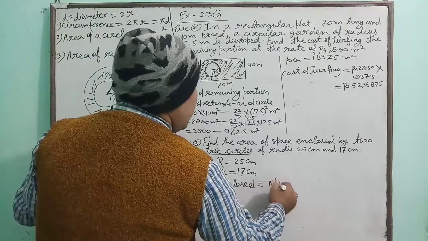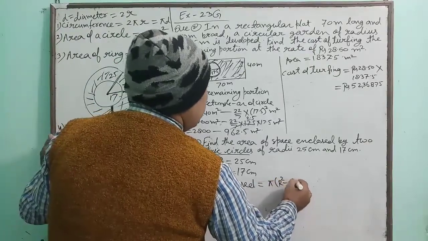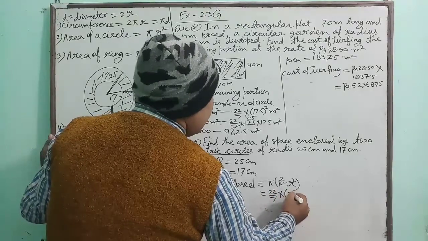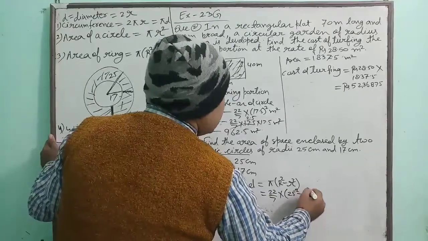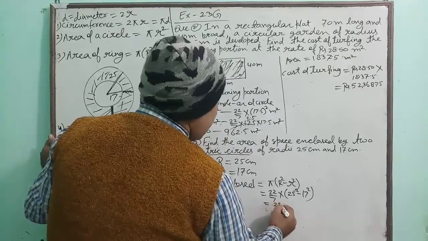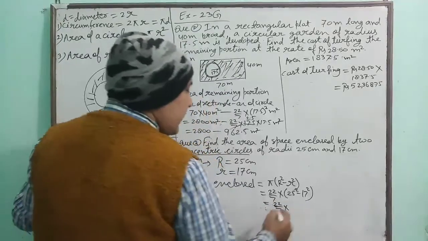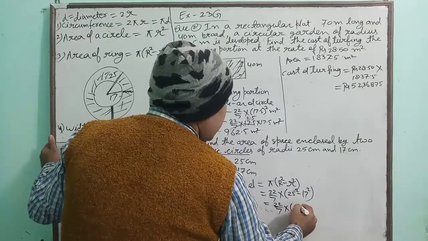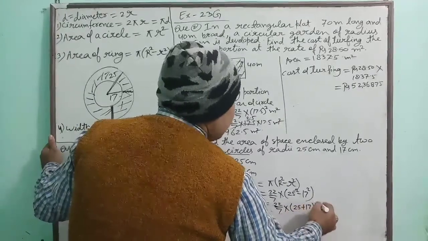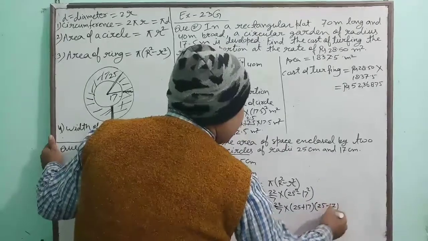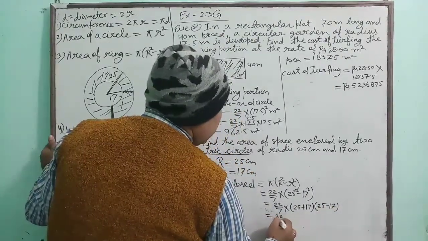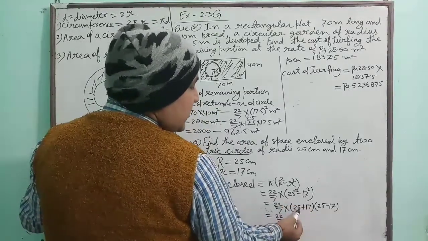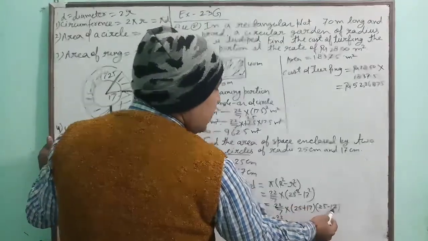Apply the formula for the area of the ring and then calculate it. 22 by 7 into 25 square minus 17 square. To solve it easily, use 25 plus 17 and 25 minus 17. That is the formula: a square minus b square is equal to (a plus b)(a minus b).